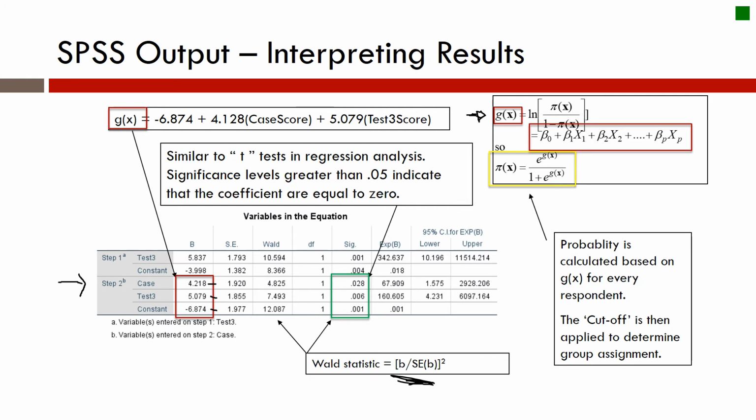But we're going to talk about this a little bit more, and let me just illustrate using Excel how this G sub x is created, and then how we turn it into a probability, which will then help us to determine group membership.